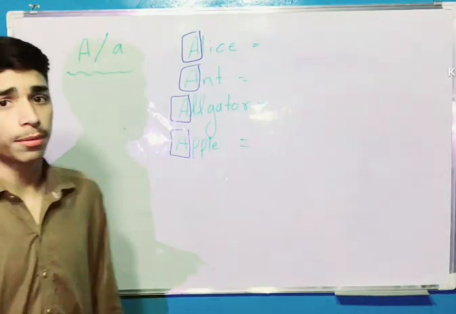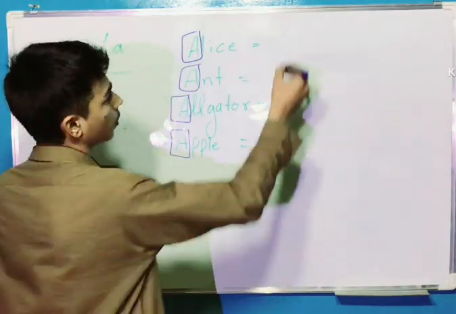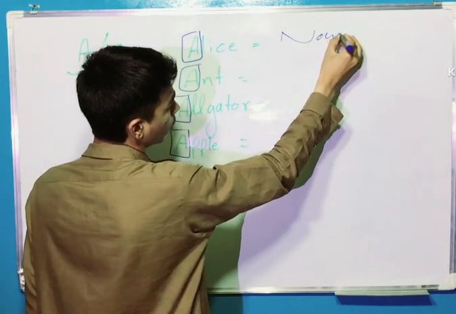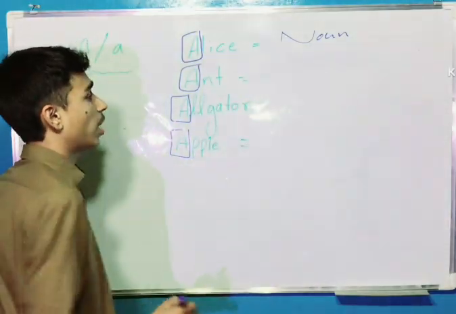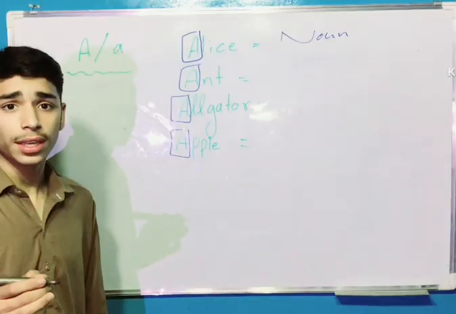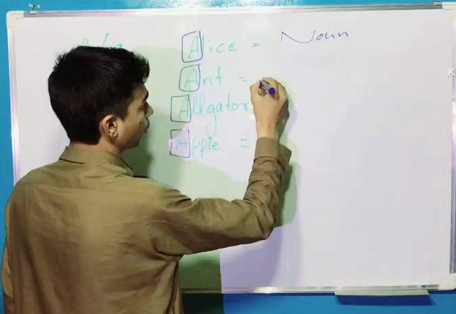Alice, name of person, and that's kind of the name, noun. And ant is name of the ant.